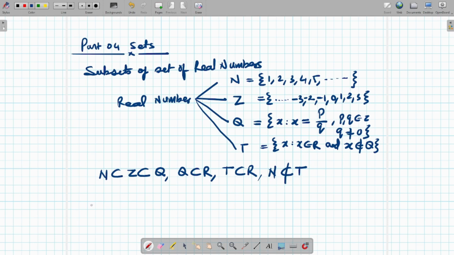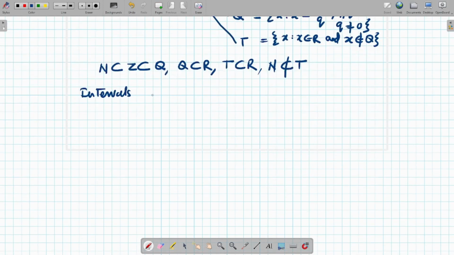Now let's talk about intervals. Intervals 4 तरह के होते हैं. कौन कौन से intervals? Let us say interval number 1, we would say when we have both sides closed.